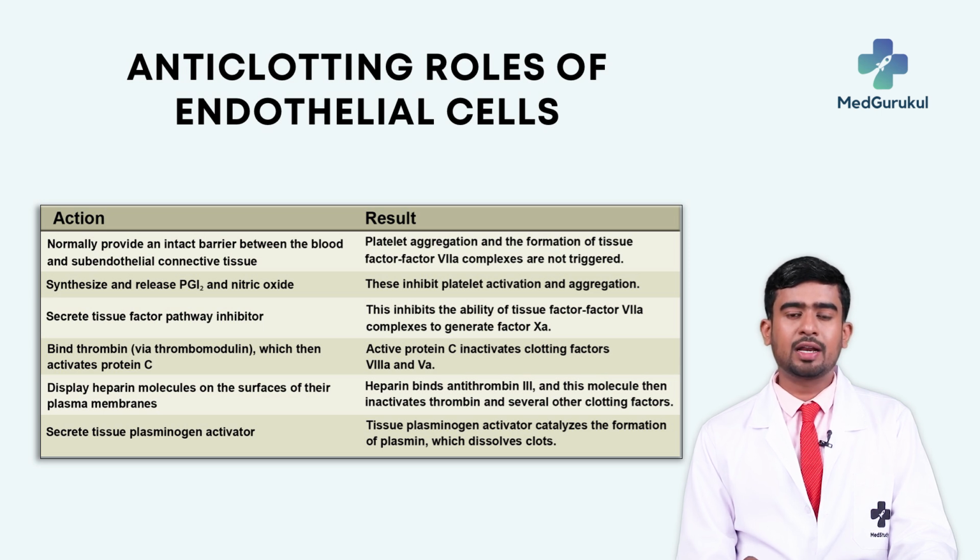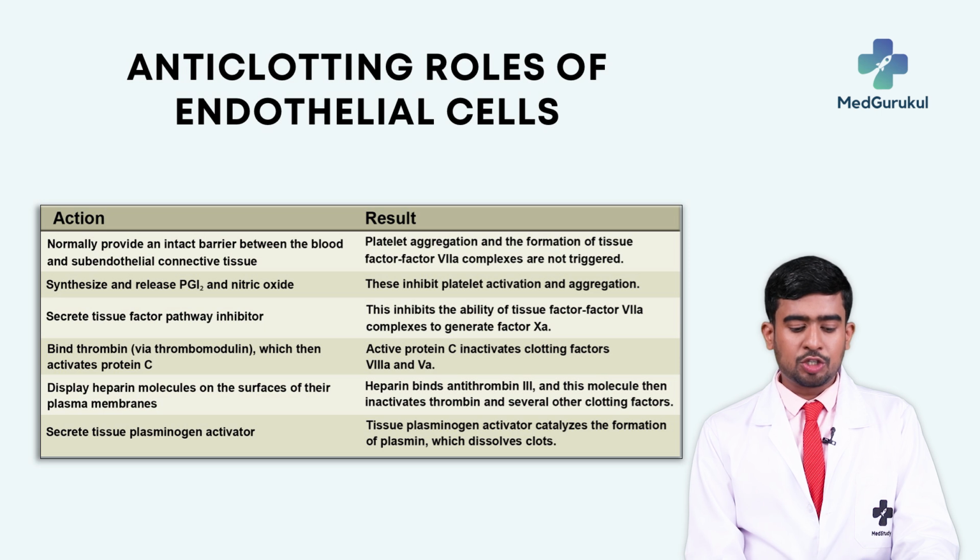So, the smooth covering of the blood vessel will prevent the exposure of collagen, and if the collagen is exposed, then what will happen? It will cause activation of the factor 12, as we have already seen in the intrinsic pathway of coagulation. The primary role of the endothelial cell is to maintain a smooth surface in the interior of the blood vessel.